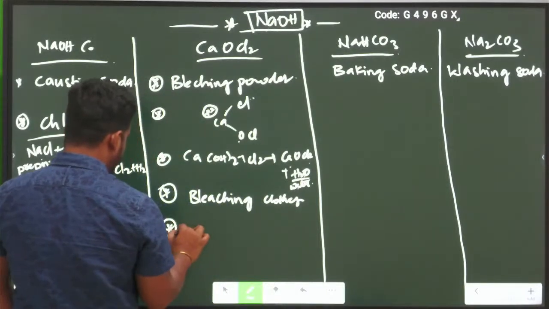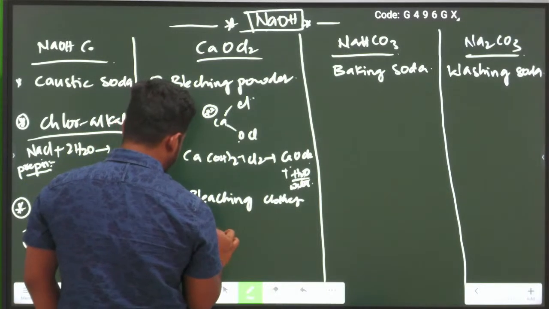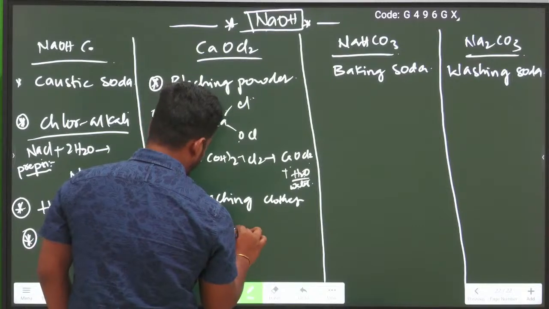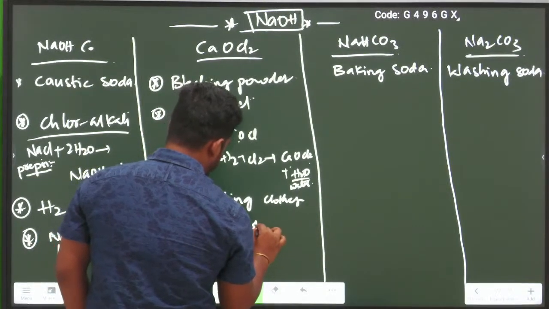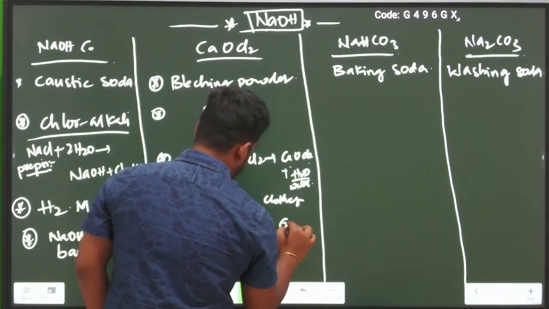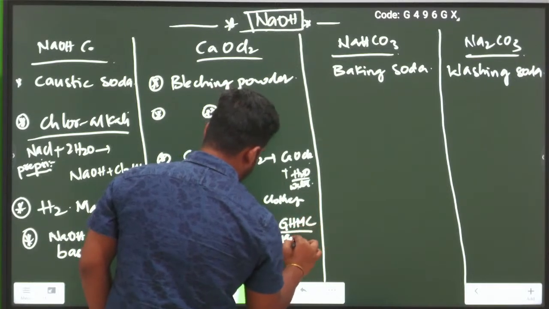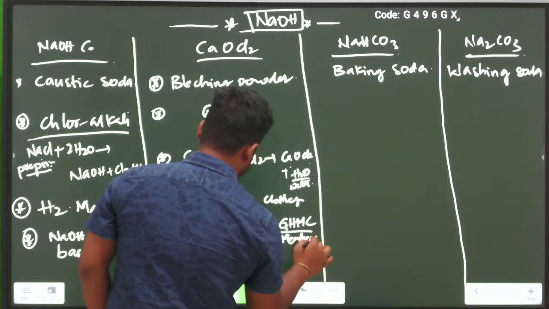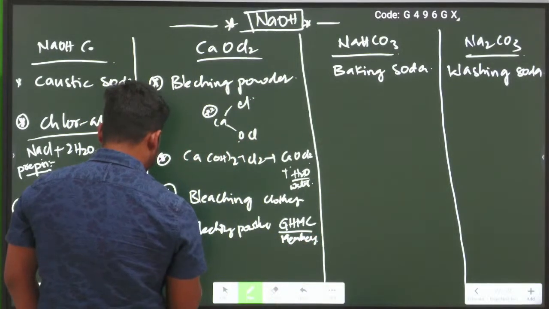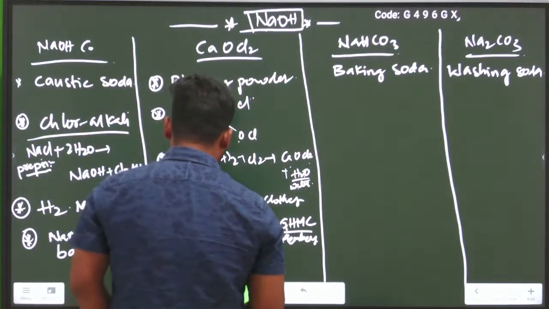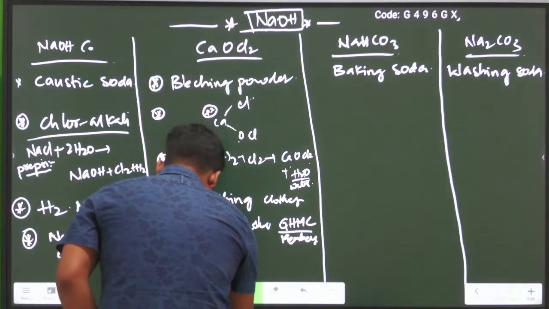Bleaching powder is used by GHMC members, and this bleaching powder acts as an antioxidant.